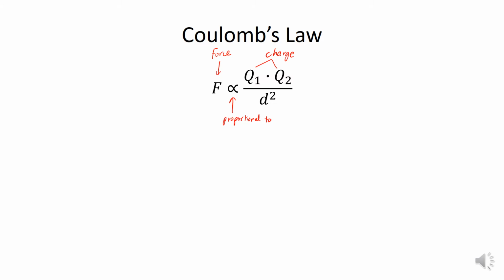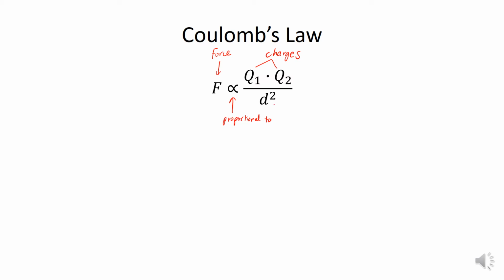So if you have two charges, Q1 is the first one and Q2 is the second one, and you have to multiply them. Okay, so if you double one, you'll double the force. If you double the two of them, it'll be 2 times 2, 4 times bigger. Okay, so the bigger the charges, the bigger the force.